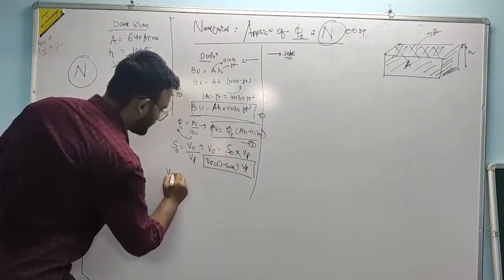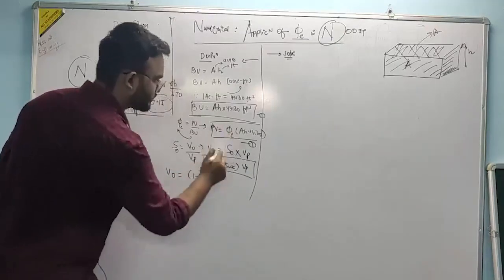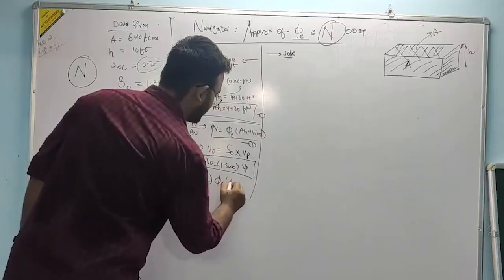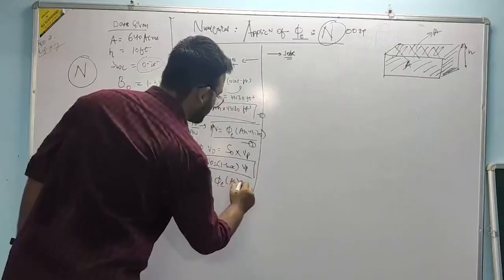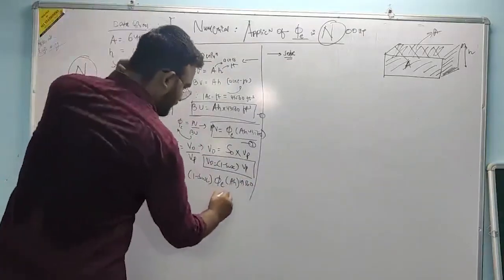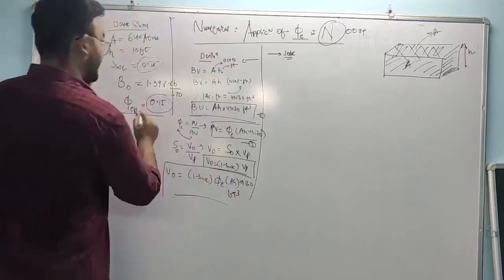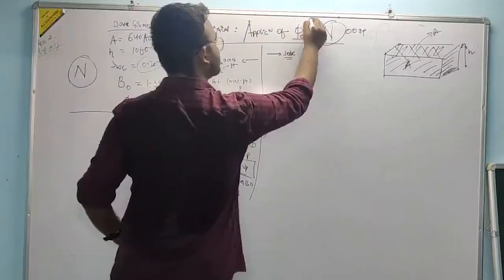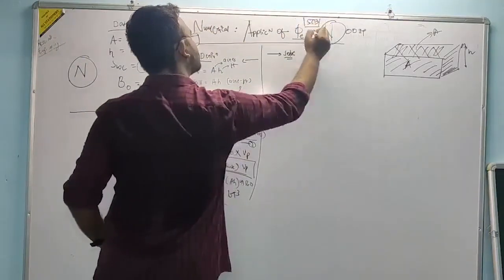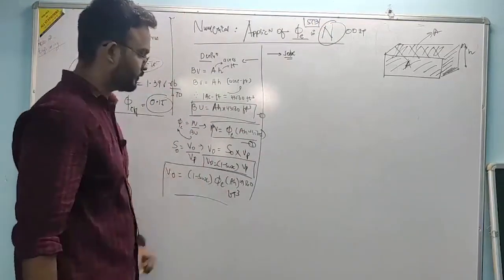Now we try to expand it. V_o is 1 minus S_wc times V_p. What is V_p? Phi A H into 43560. The unit is feet cube, and the answer we need is in STB. N is always calculated in surface conditions, that is stock tank barrels. So this is V_o and it's in feet cube.